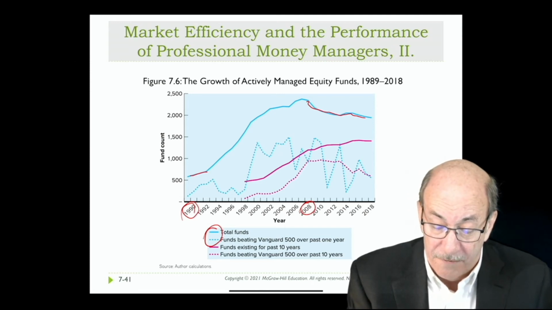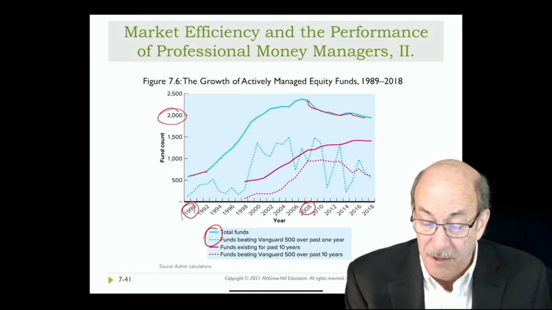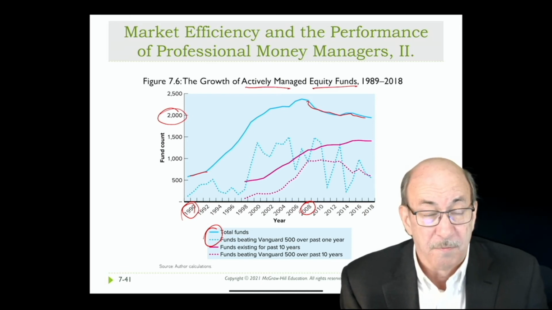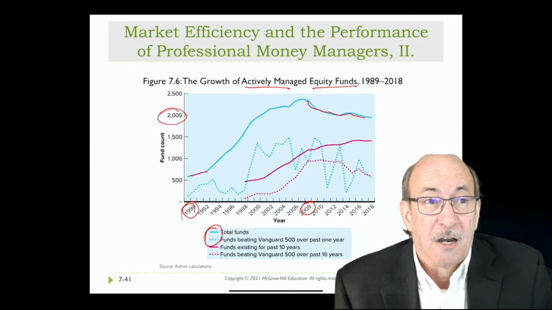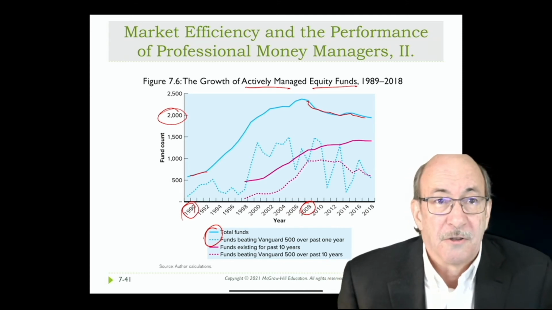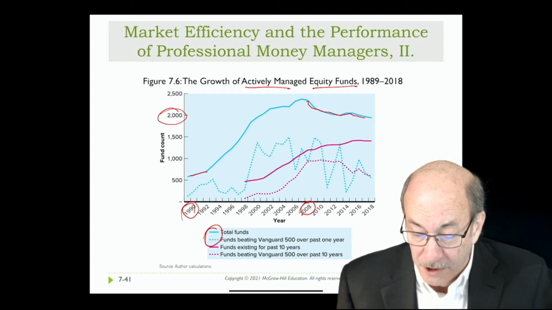But still we have thousands of funds, actively managed equity funds, by the way. So we're even limiting it. If they are bond funds or other types of assets, they're not even included in this count.